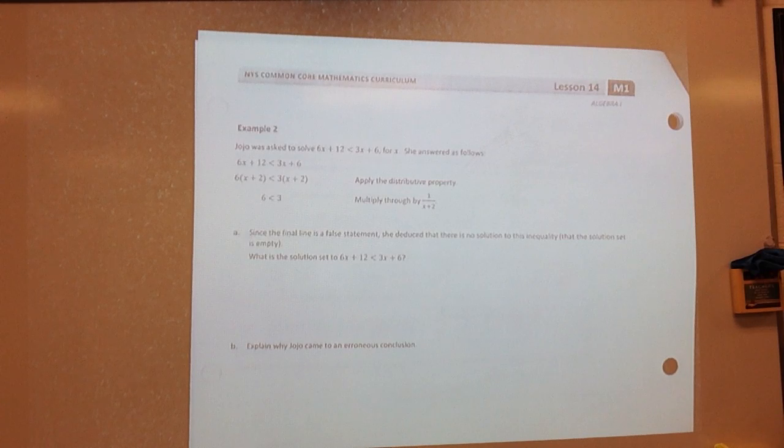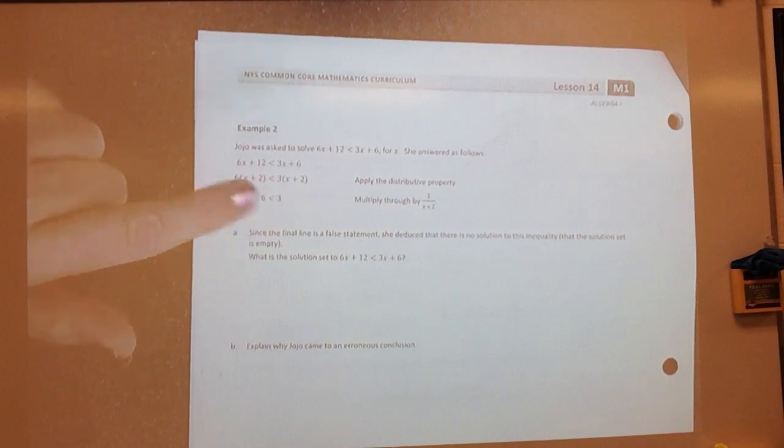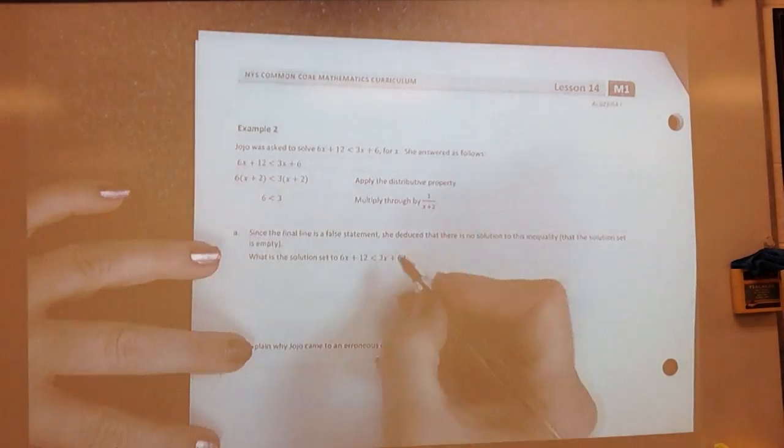Since the final line is a false statement, she deduced that there is no solution to this inequality, that the solution set is empty. What is the solution set for 6x plus 12 is less than 3x plus 6? She says that this is not right and that there actually is no solution. Let's see.